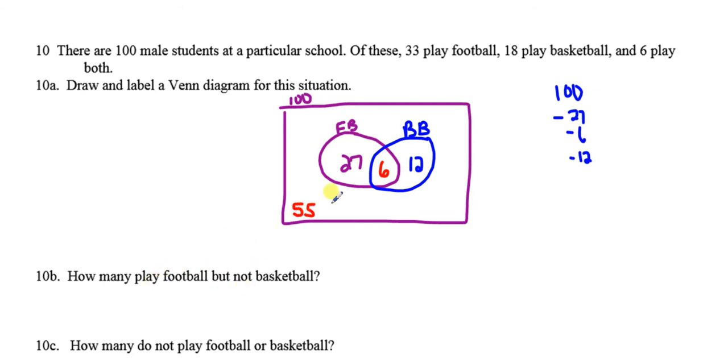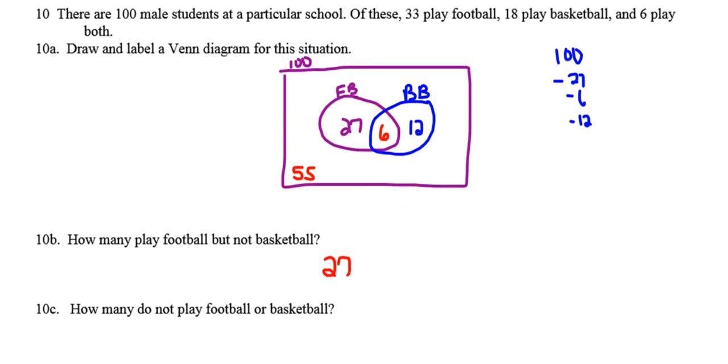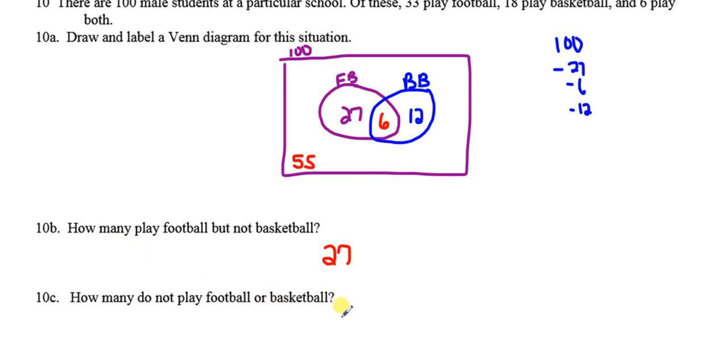So how many play football but not basketball? 27. How many do not play football or basketball? Well, we just figured that out, 55. If it was a probability, what's the probability that a random person doesn't play football or basketball? It'd be 55 out of 100.